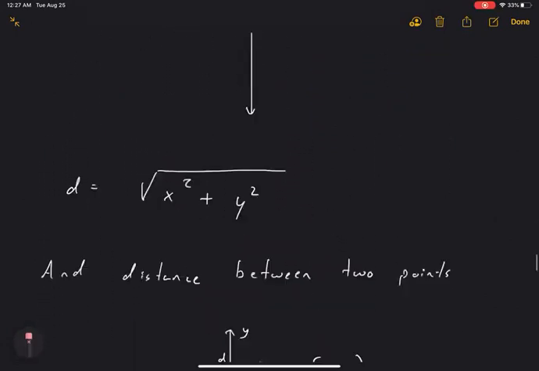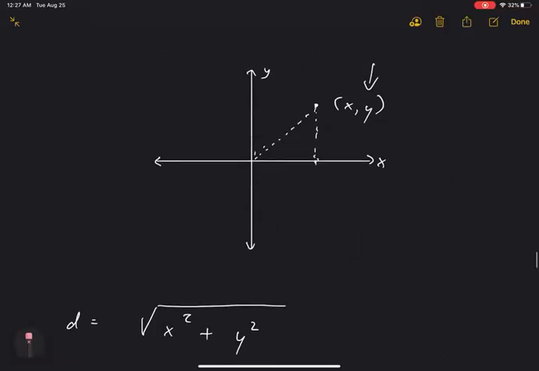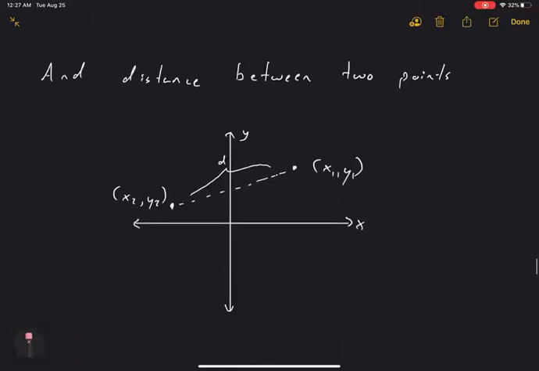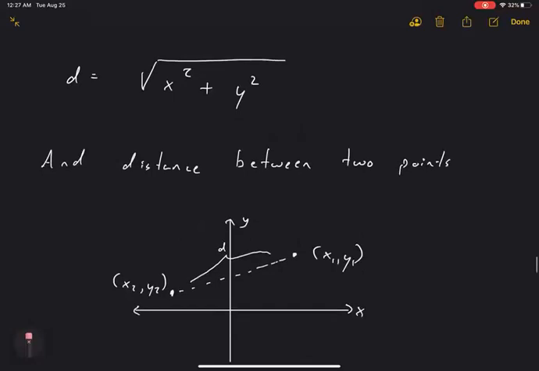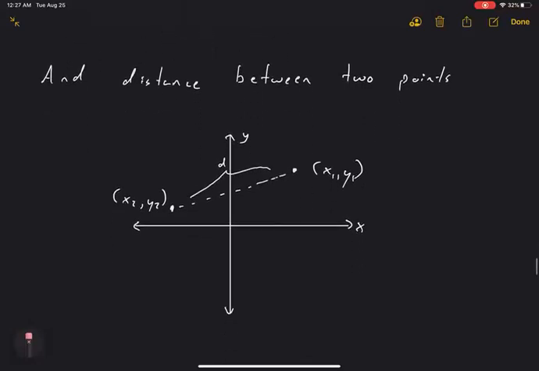And right now we had a point at the origin, right? What if I don't want to find my distance starting at my origin? What if I want to find my distance between 2 points?